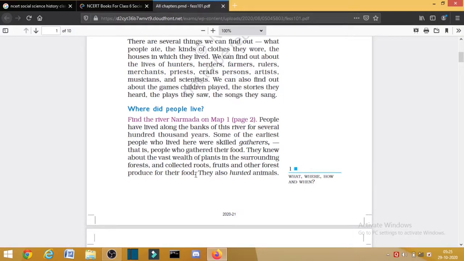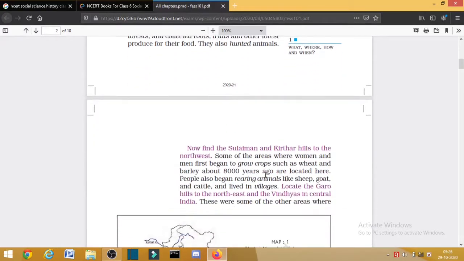So, those people knew about the vast, enormous wealth of plants in the surrounding forest and collected roots, fruits, and other forest produce. It is for their consumption, for their eating purposes. They also hunted animals. Let us turn to the next page.